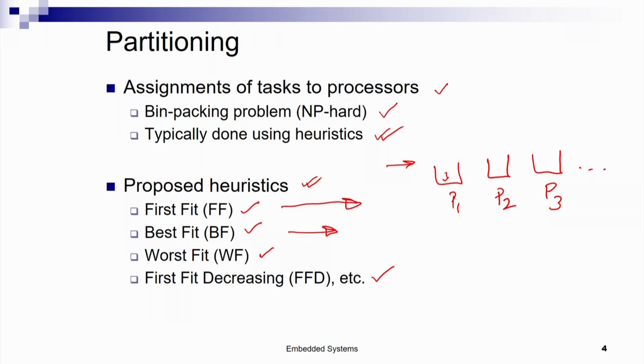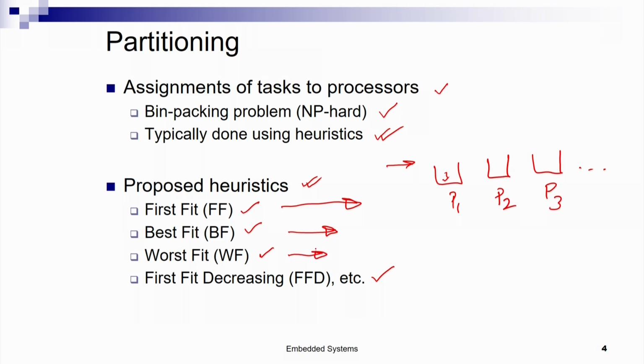The first processor can have a large capacity remaining, but what does best fit do? It tries to find that processor which just has sufficient capacity to hold the task. No other processor with lower remaining capacity can hold this job, right. So, this is what is best fit.